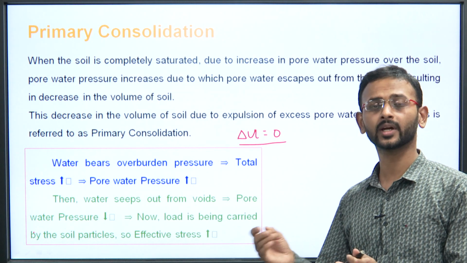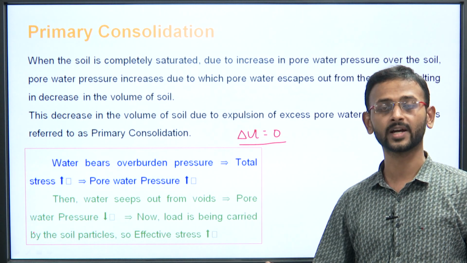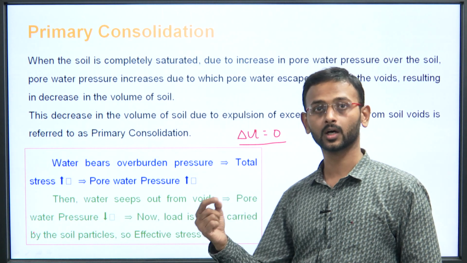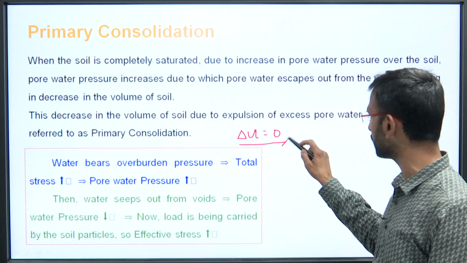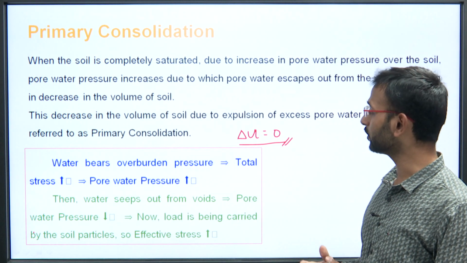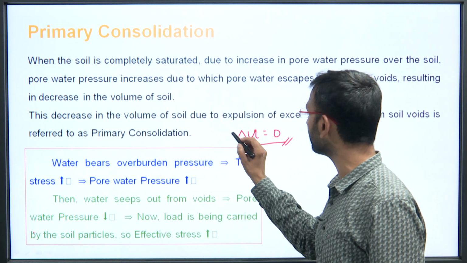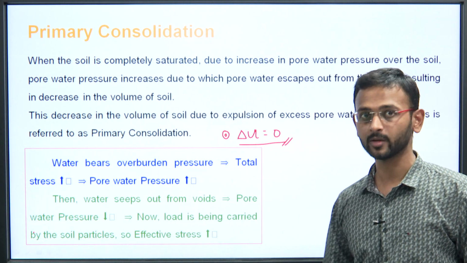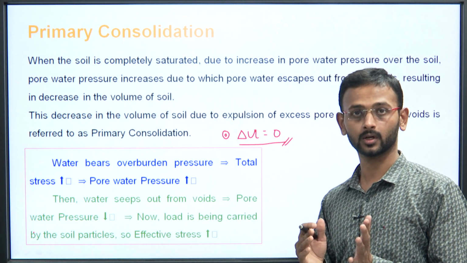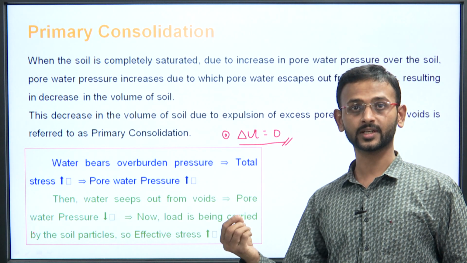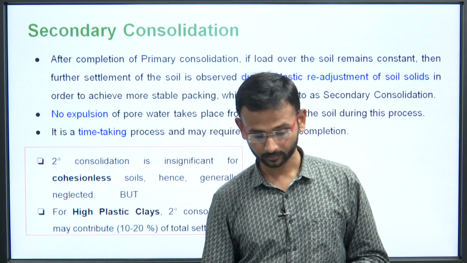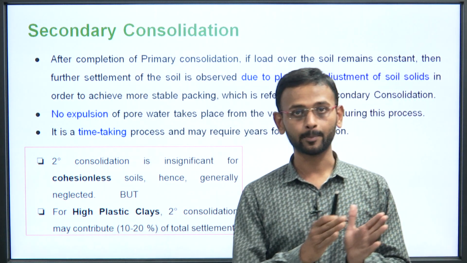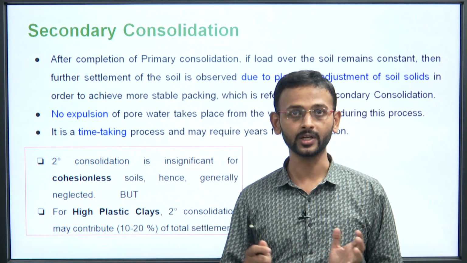Practically it might not be possible to know at what specific point of time the pore water pressure gets to 0, but theoretically we can easily say that whenever the pore water pressure change reduces to 0, the 1 degree consolidation is said to be complete.